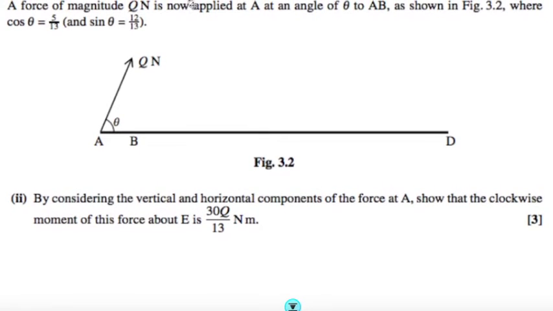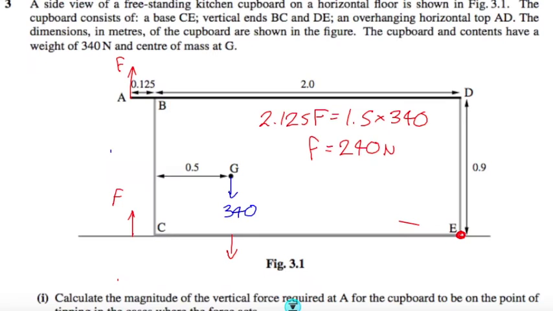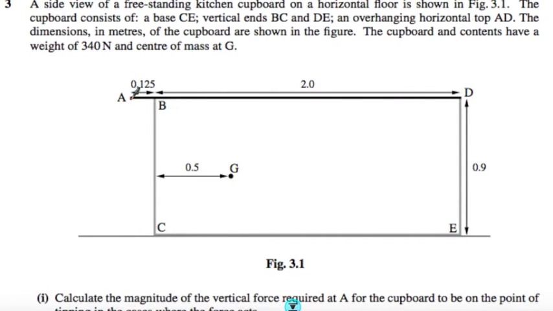Right, next one. Now they've got a force of magnitude Q applied at A at an angle theta to AB, where cos theta is 5/13, sin theta is 12/13. By considering the vertical and horizontal components of the force at A, show the clockwise moment of this force about E is 30Q over 13. Right, so E was down here. So now we've got Q acting at angle theta.